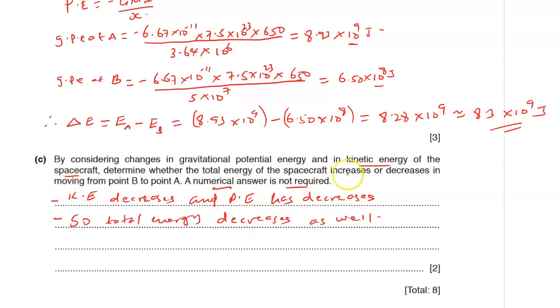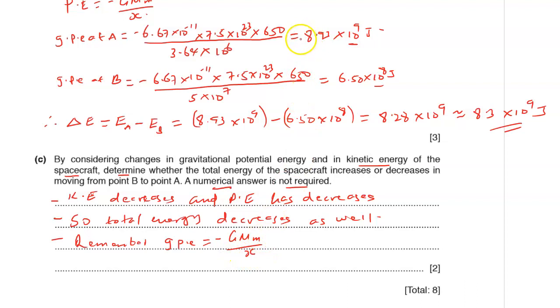Okay, we are supposed to determine. All right, I need to remind you this. Remember, GPE is a negative value. It's minus GMm over x.